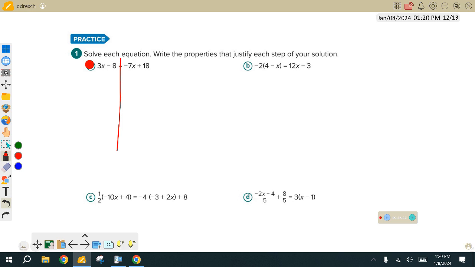What are you moving first? There's actually 4 different ways, to move either X's together or just regular numbers. So what do you want to move first? Try to get your X's first.